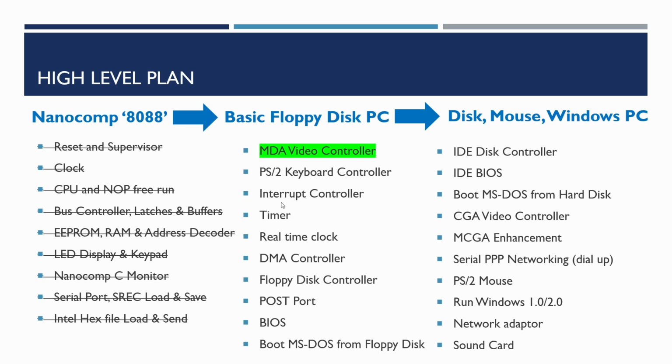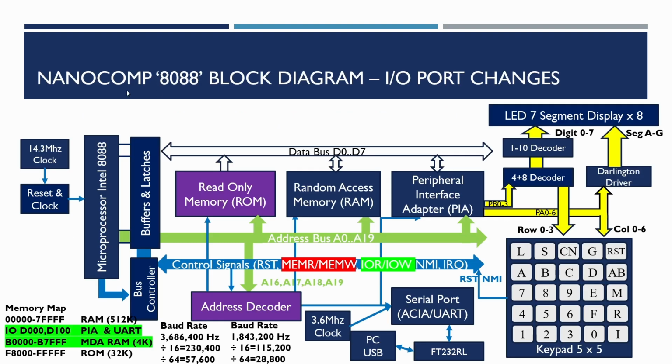So let's just take a quick look and update the block diagrams to see what changes we're going to be making. This is the main Monochrome 8088 block diagram. You can see here we're changing from using the memory read, memory write to the IO read and IO write for the peripheral interface adapter and serial ports, and we'll also be using that for the MDA adapter.